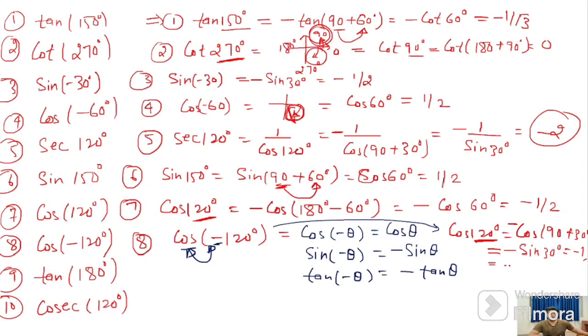The value will be minus 1 by 2. Got it? These are some of the identities you must know.